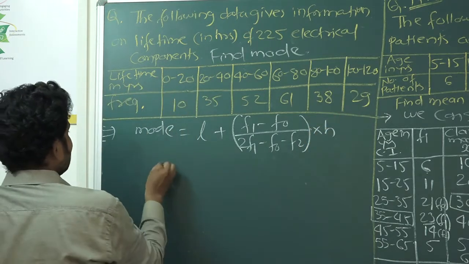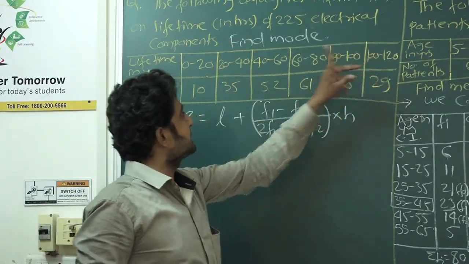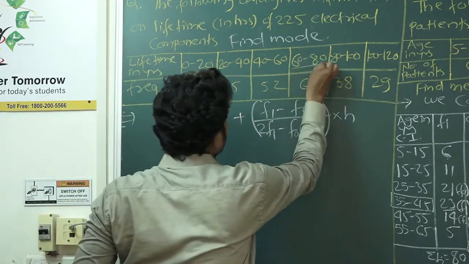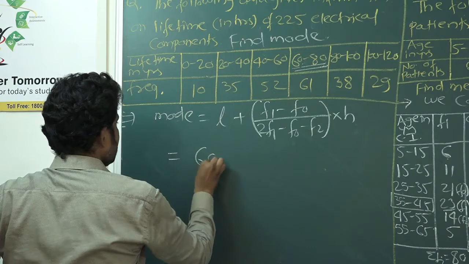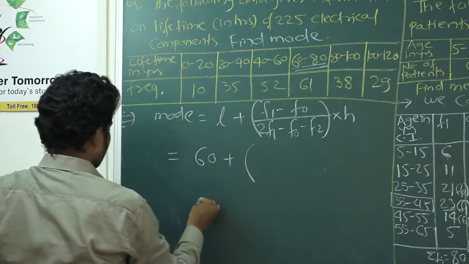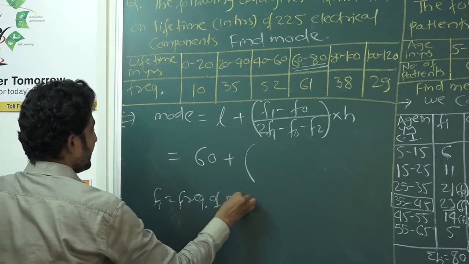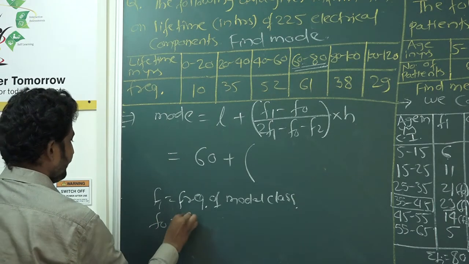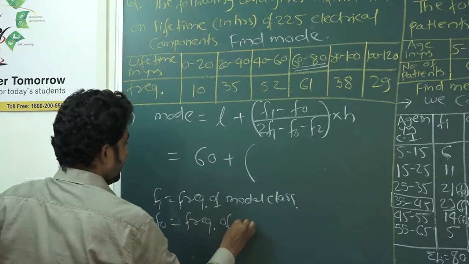L is the lower limit of the modal class. Now, dear students, tell me which is the modal class. The class having the highest frequency is the modal class, we know. Now, this is your modal class. What is the lower limit? Lower limit is 60. Put this 60. F1 is the frequency of the modal class. F0 is the frequency of the previous class.